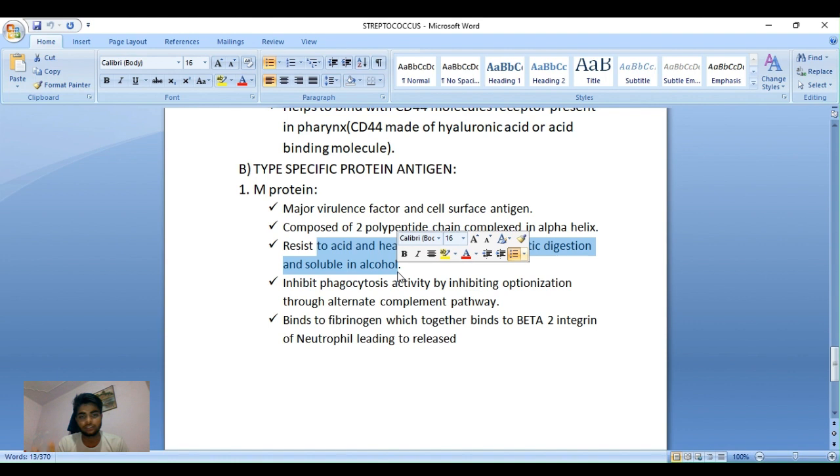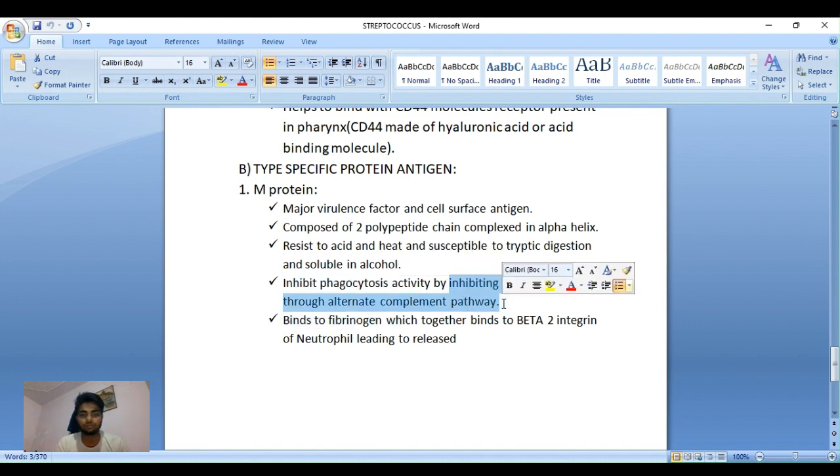Resistant to acid and heat means there is no effect from acid, such as HCl or H2SO4, or from heating, due to the M protein. M protein is able to resist the acid and the heat, and it also makes the streptococcus soluble in alcohol, and it inhibits phagocytosis. Inhibiting phagocytosis means that due to the M protein there is no effect from WBCs, white blood cells, any kind of phagocytic cell, monocytes, and lymphocytes, and it acts by inhibiting opsonization through the alternate complement pathway.